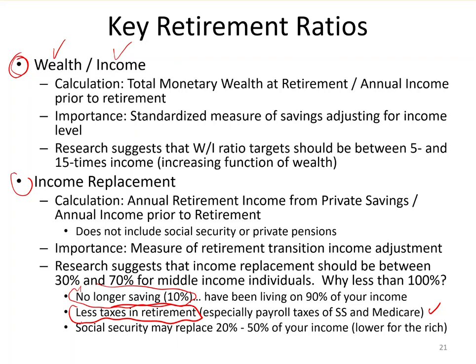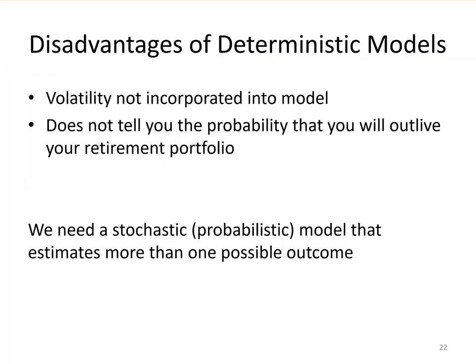And the last reason is you will most likely get some kind of Social Security benefit. For low-income people, Social Security can replace as much as 50% or more of their retirement income. So for those three reasons, I chose a 65% income replacement ratio.